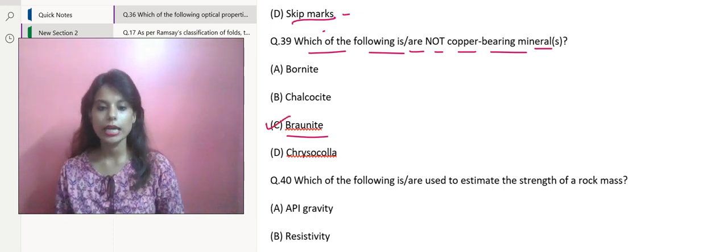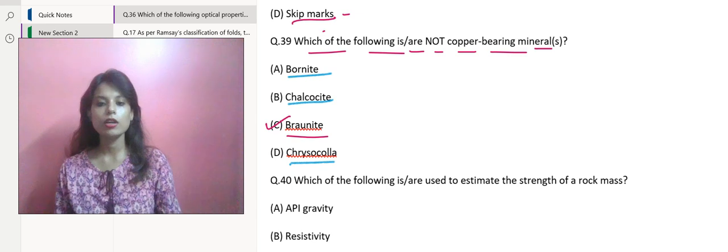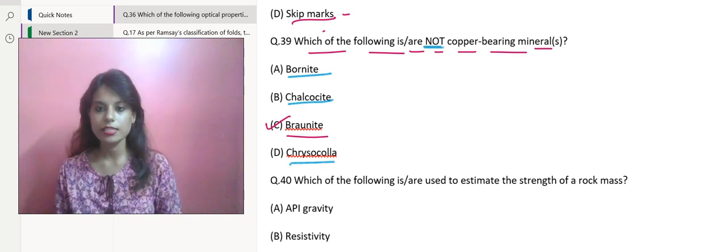Now braunite is your correct answer. Let's talk about the other options. Bornite, that is in option A. Then we have chalcocite and chrysocolla. These are all copper bearing minerals, and they have asked us which is not a copper bearing mineral.